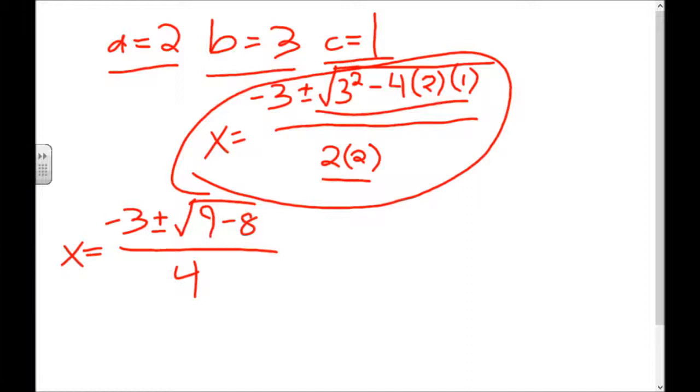So now we have x equals -3 plus minus the square root of 9 minus 8 divided by 4. So now all you have to do here is 9 minus 8, which is 1. So we can basically just get rid of that, put 1 here.